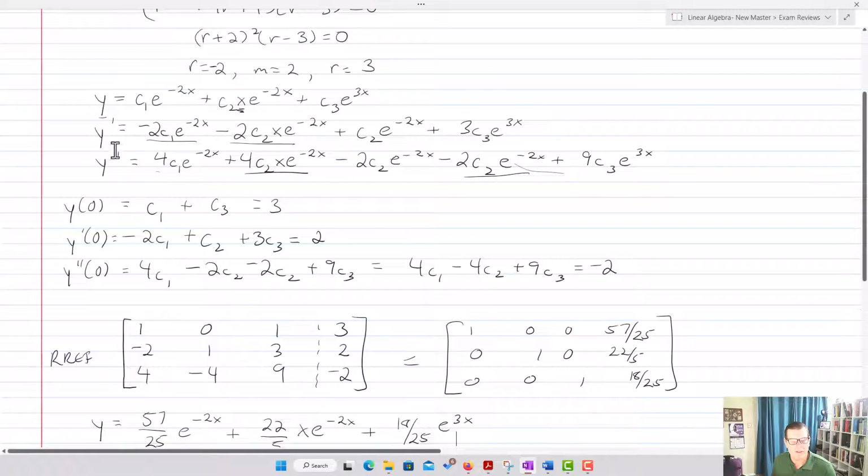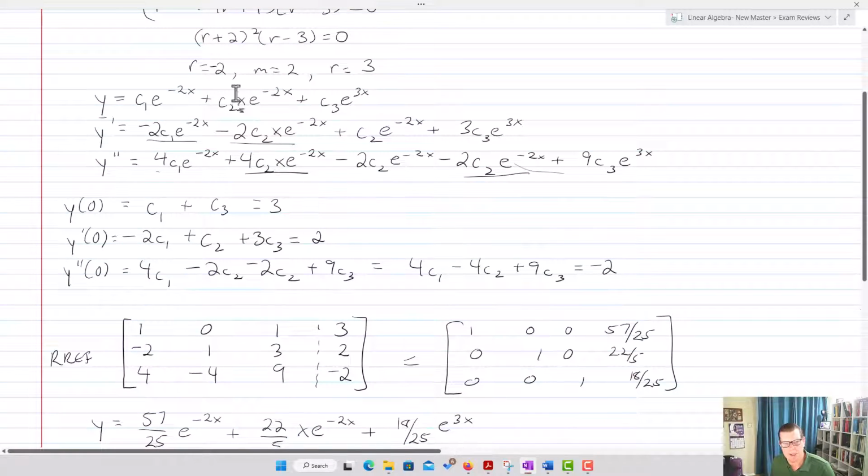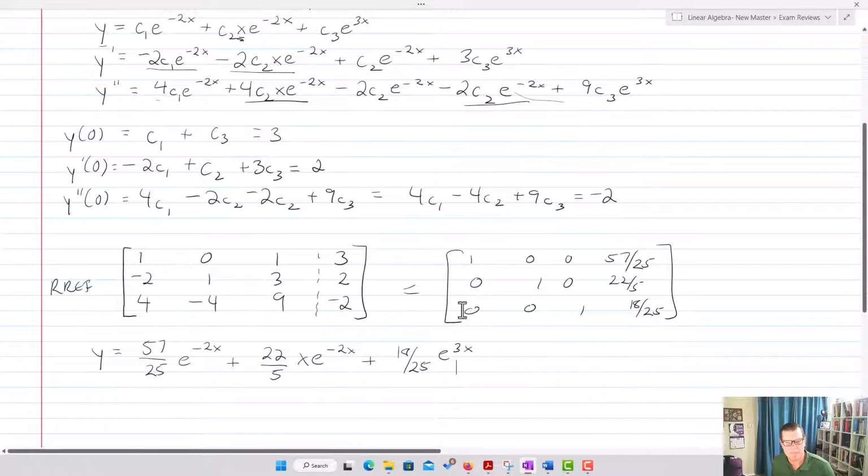Once I generated that, I took the required number of derivatives. In this case, it's 2 derivatives because I'm going to need 3 solutions. Basically, I just plugged in my values, and then I set up a system, solved the system, and plugged my variables back in.